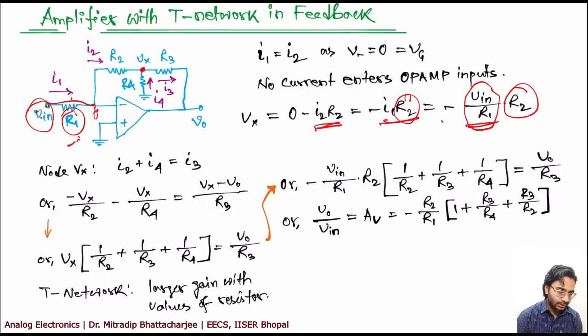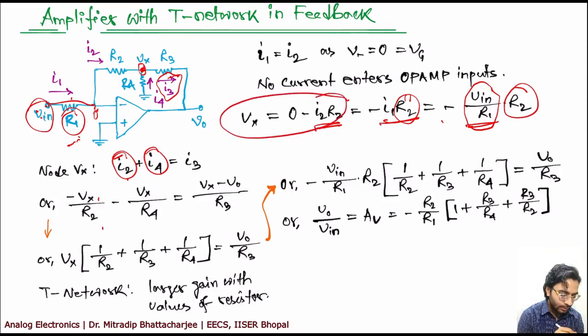Look at the voltage Vx. Your I2 plus I4, both are coming towards Vx, is equal to your I3 if you apply KCL. Simple. Now your I2 value is minus Vx by R2. From this you can calculate.